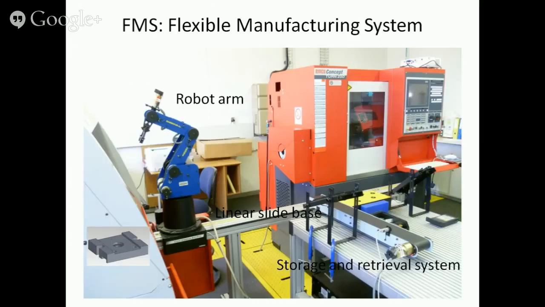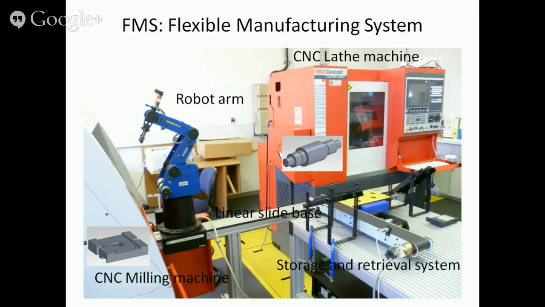Prismatic parts are produced at the CNC milling machine, whereas cylindrical parts are produced at the CNC lathe machine. Both machines are loaded and unloaded by the robot arm. You will get quite familiar with the FMS in the second part of this course by doing practice exercises with both machines and the robot.